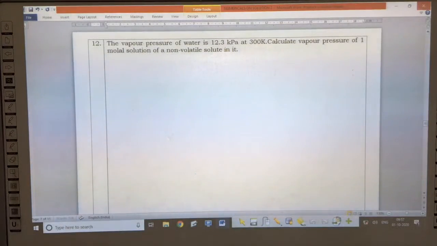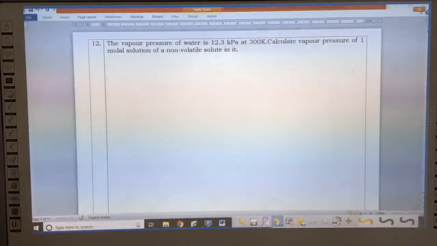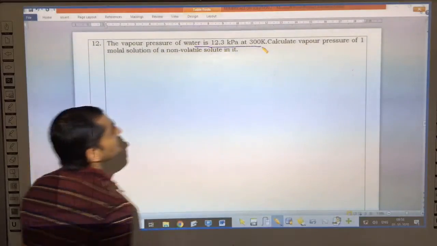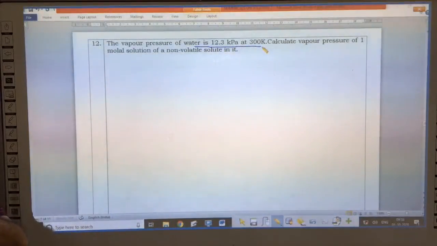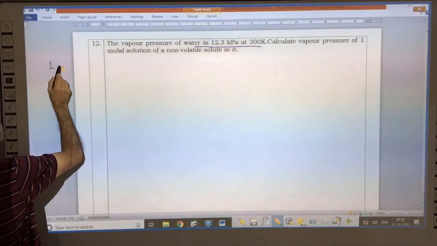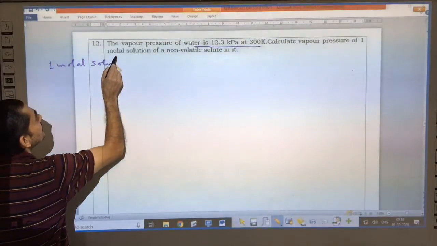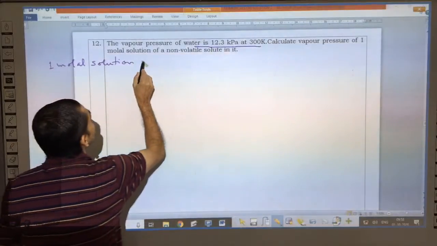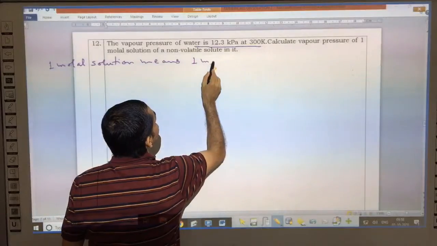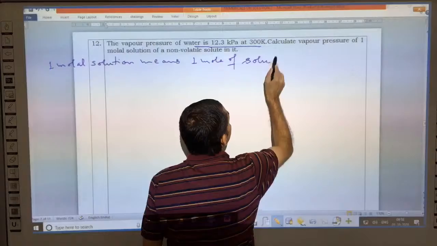Now you see numerical number 12. The vapor pressure of water is given. This is vapor pressure of water. Calculate vapor pressure of 1 molar solution. Clear? So 1 molar solution means 1 mole of solute is present.